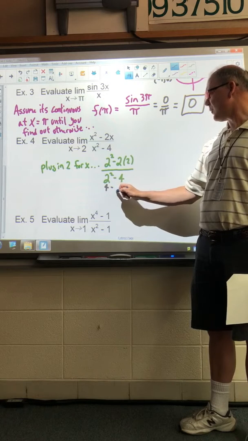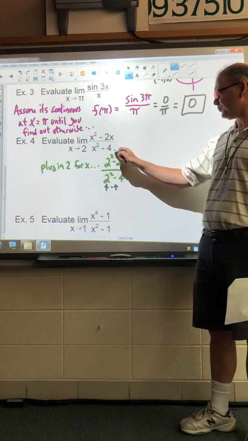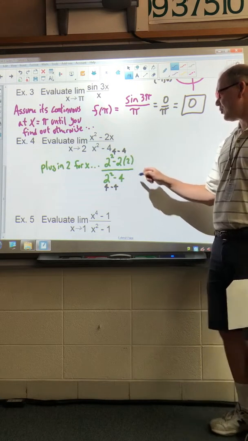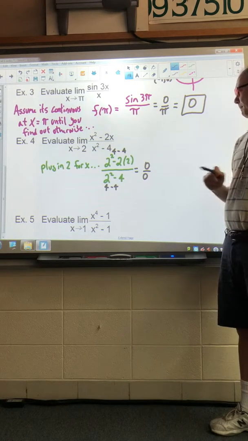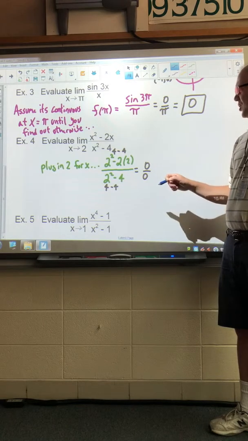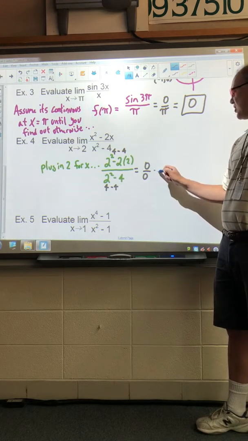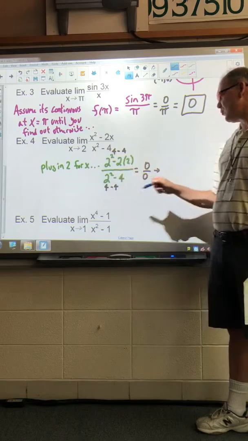So that's 4 minus 4 in the denominator, 4 minus 4 in the numerator, so that's 0 over 0. So the value of the function at x equals 2 is undefined.